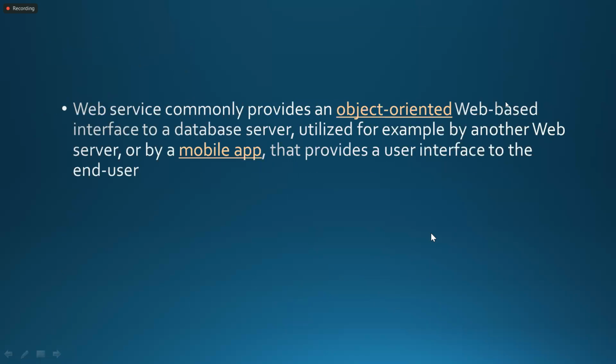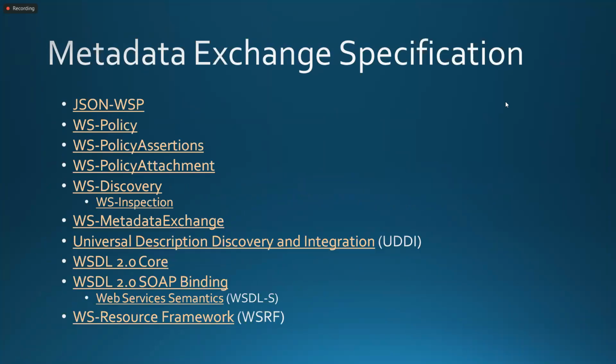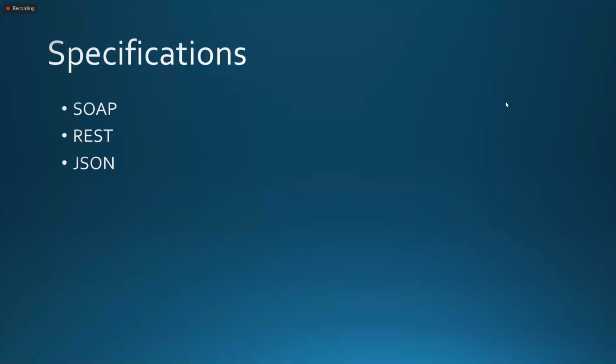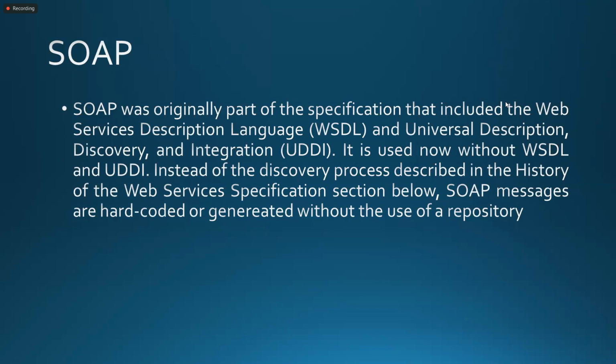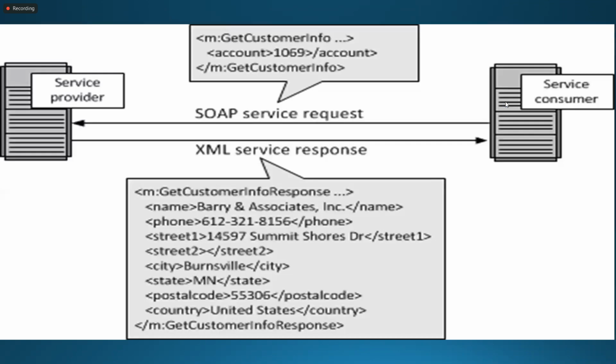So the web service specifications are these three: SOAP, REST, and JSON. SOAP is Service Oriented Architecture Protocol. In a SOAP request, the service consumer will make an XML request, and the service provider will send an XML response.